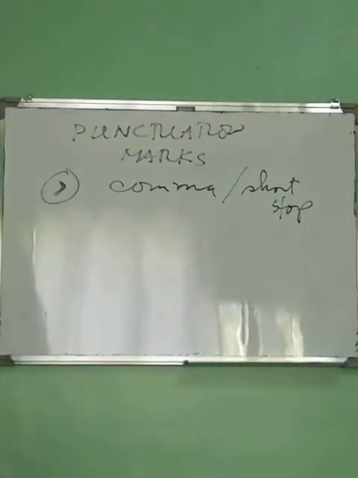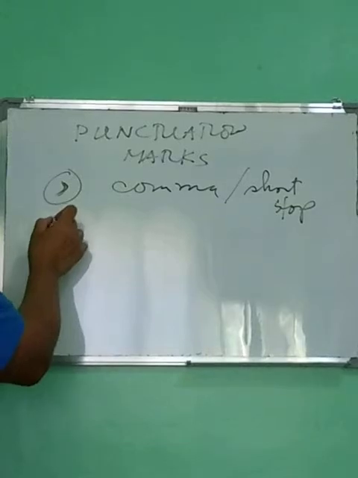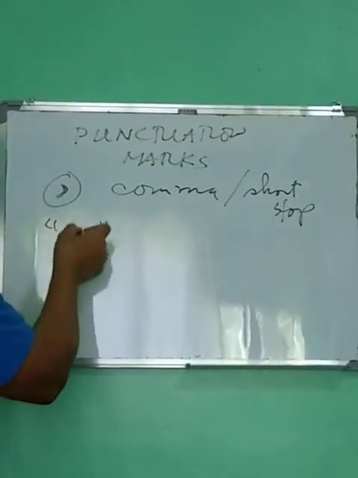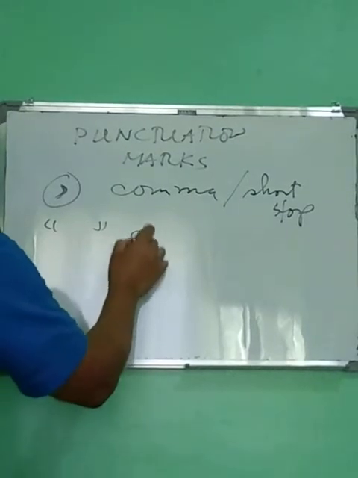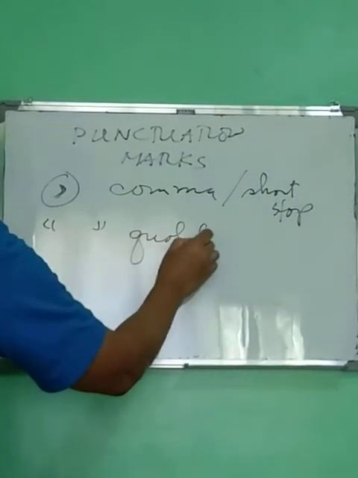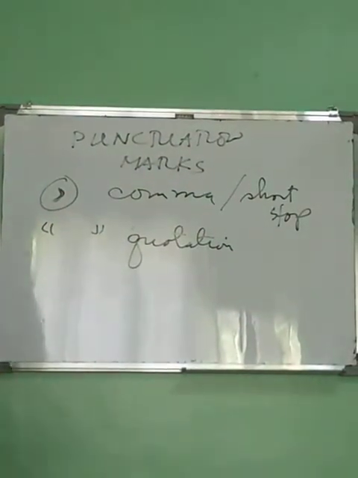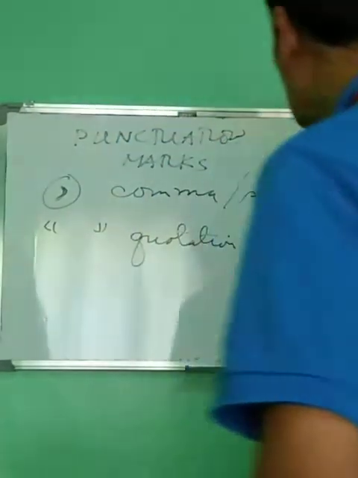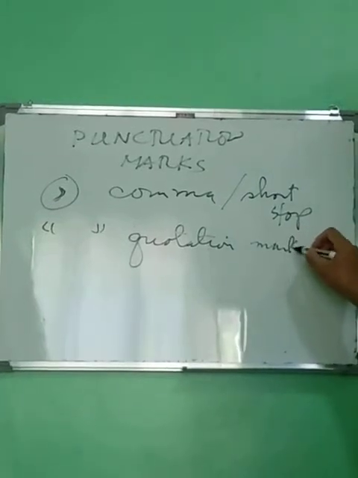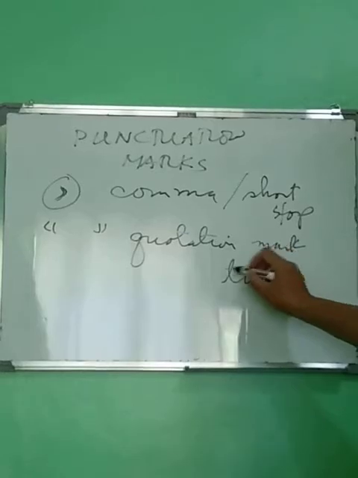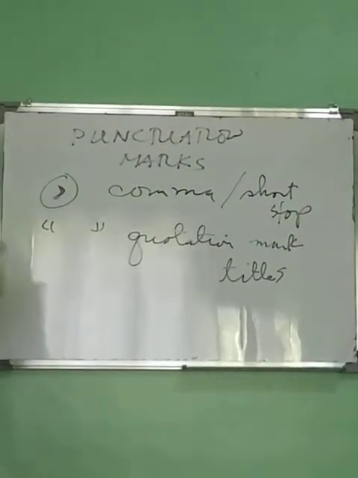What else are the most common? Of course, the quotation marks, open quotation and close quotation. These are commonly used when you are quoting the statement of one person, or for titles of books, movies, films, and TV programs.